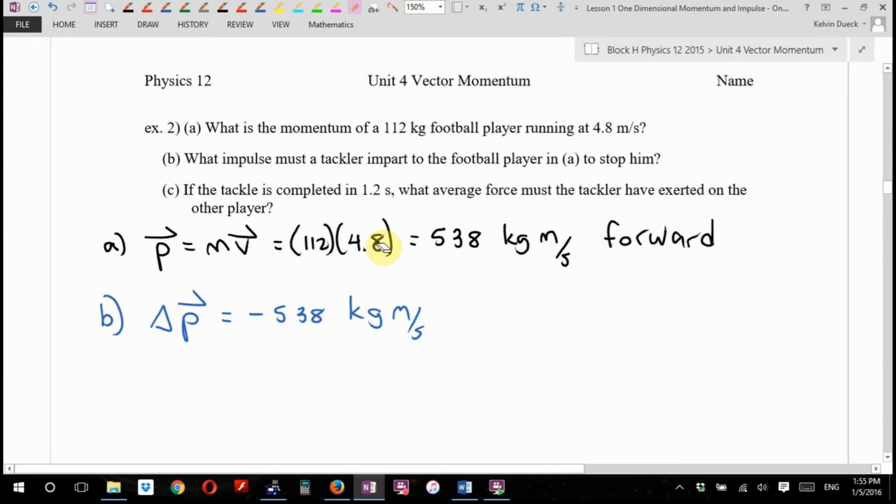In fact, he can be barely moving at all and still exert enough impulse to bring the guy to a stop. Now, we are assuming head-on collisions because at this stage, that's all we can handle. We will get into angles at a later date. But this also explains kind of why the players of different masses play the positions that they do.